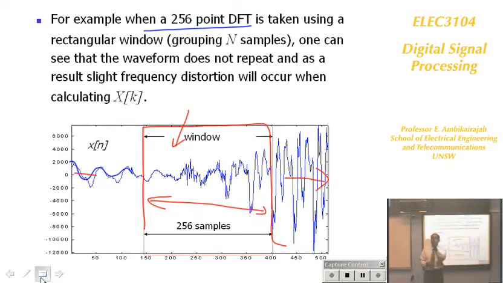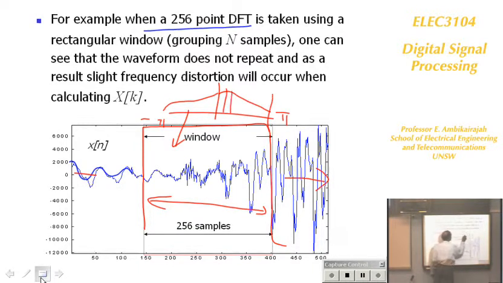Then you find out the F0 DC component, F1, F2, F3, F4, up to F128. Those frequencies will be repeating on this side because the magnitude spectrum is symmetrical, from minus pi to pi. They are the frequency points you are getting, and they will repeat here.